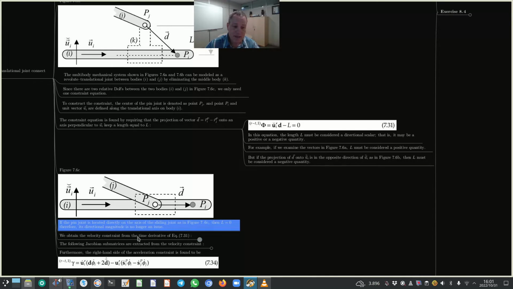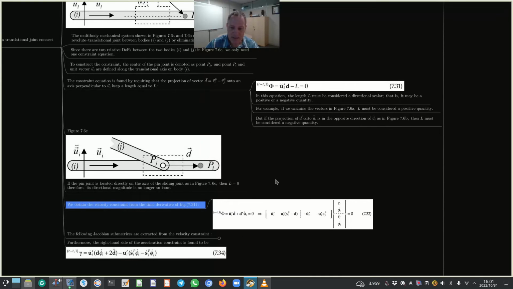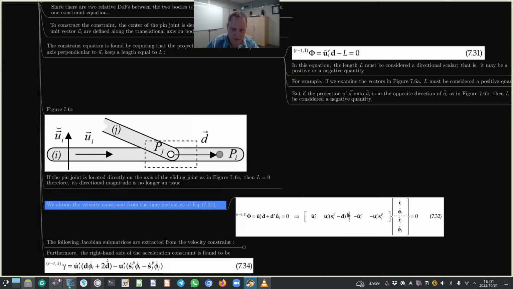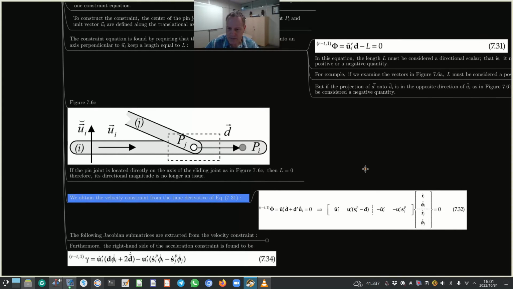If we obtain the velocity constraint from the time derivative of equation 731, this is shown here in equation 732. Okay, so now we've got the mathematical time derivative of the algebraic vector equation 731 here on the left hand side of equation 732.